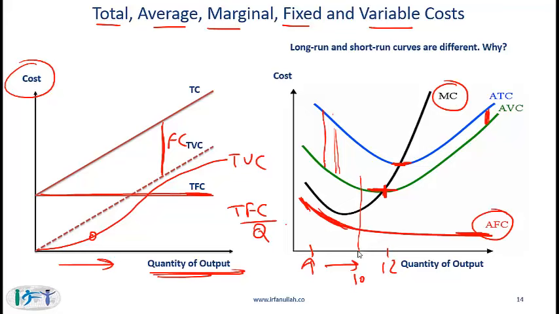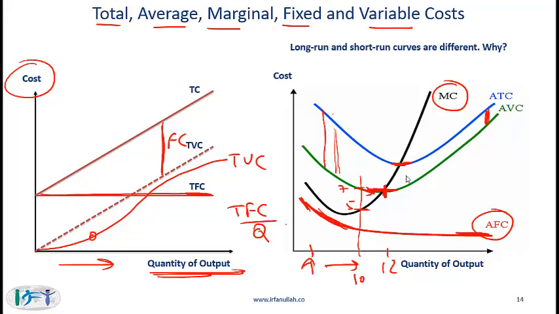When we produce the 10th unit, let's say that the marginal cost is 5 versus at this point an average cost of 7. If the marginal cost of producing one more unit is less than the average cost, then producing that one more unit is actually going to pull the average down.